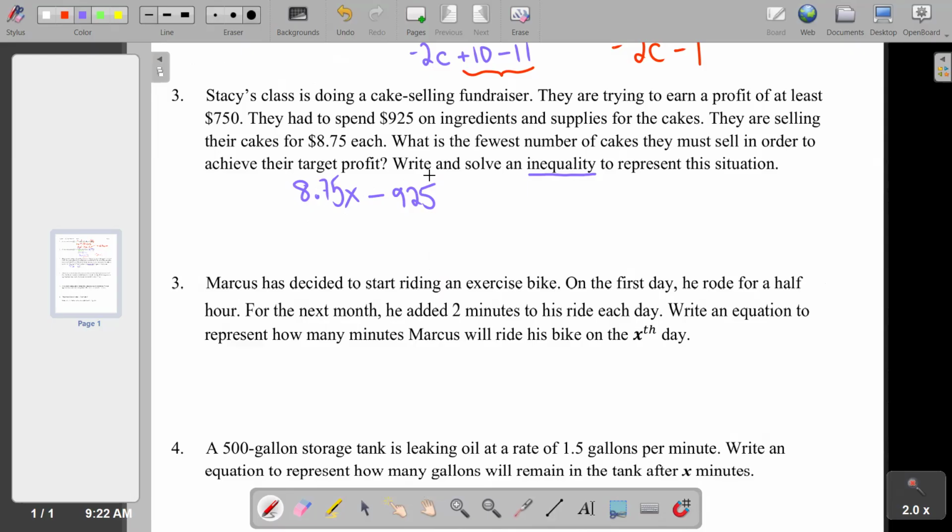And what we want is for our profit to be at least, I'm underlining it up here in the corner, that means greater than or equal to $750. This inequality is like an equation. It represents that I want the money I make minus the money I had to spend to be at least 750 bucks profit. That's the word problem side of things. Now the rest of it is just low level simple algebra. And it does say in this problem to write and solve. So how would I solve this math problem that we've created?